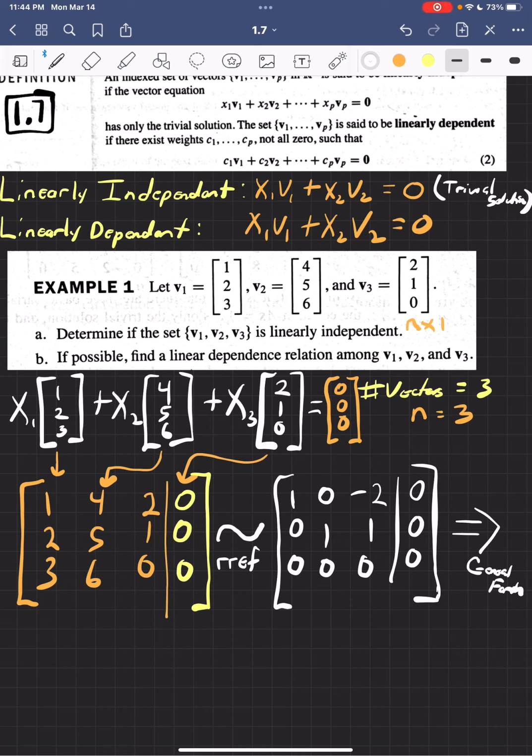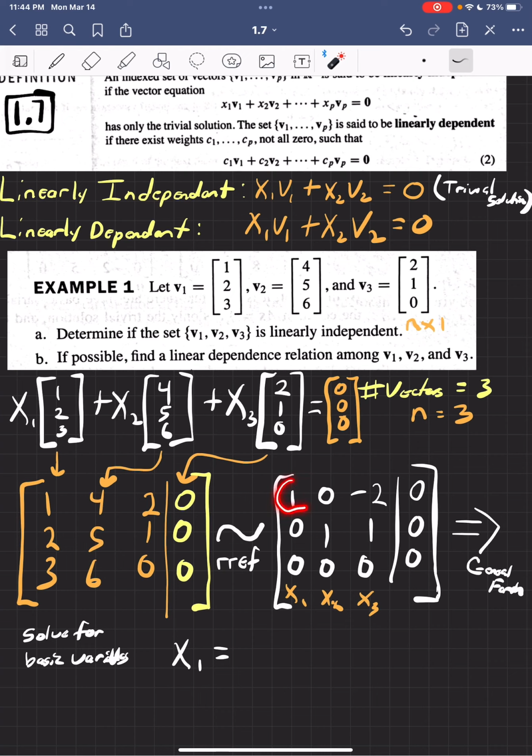So we're going to solve for the basic variables. The basic variables are x sub 1 and x sub 2. X sub 3 is going to be the free variable. So let's go ahead and do that. For x sub 1, until you've gotten good at this, imagine this is 1 x sub 1.